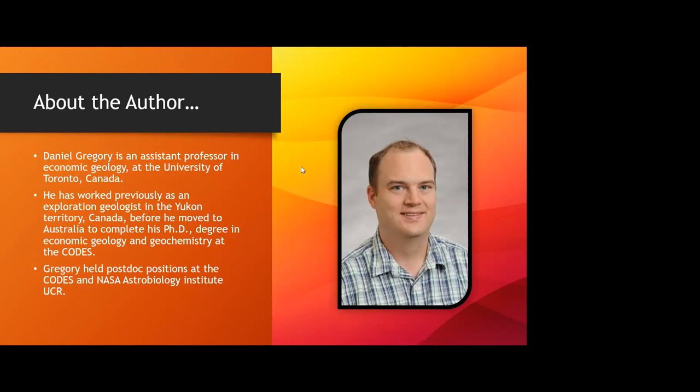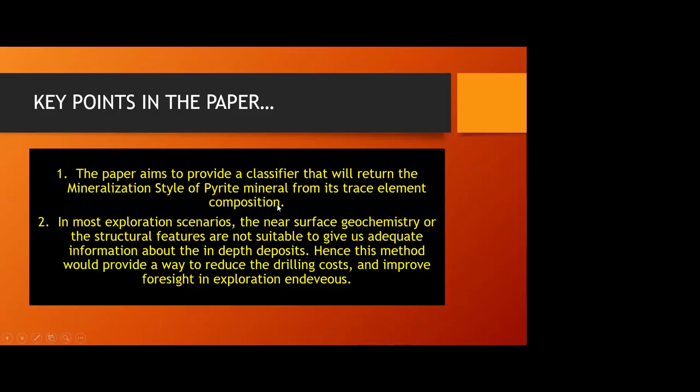Okay. Just a minute. Yeah. So in this paper while reading, I tried to put in the essence of the paper. So the key points were that the paper aims to provide a classifier that will return the mineralization type of the pyrite mineral based on its trace element composition.